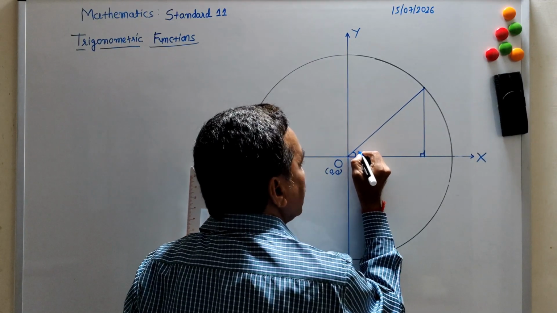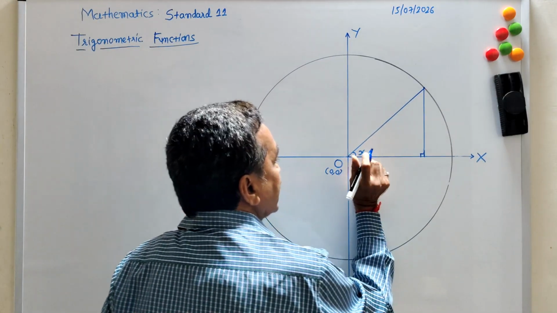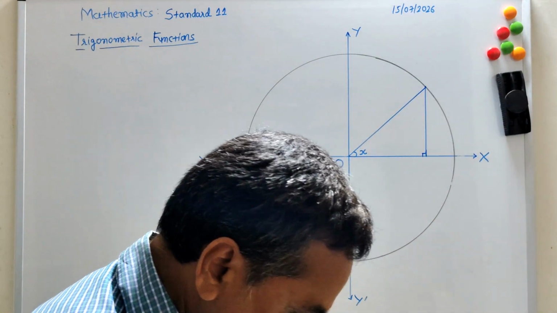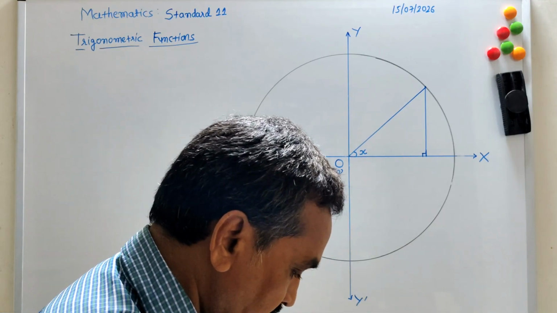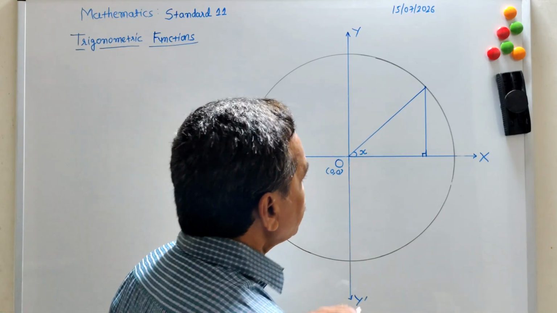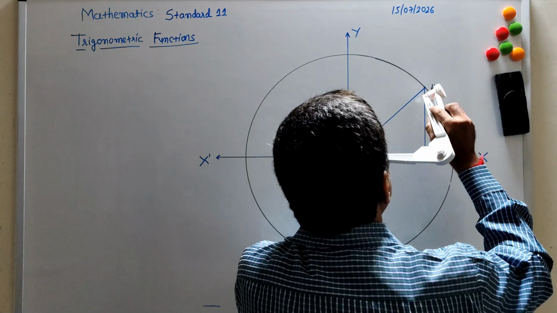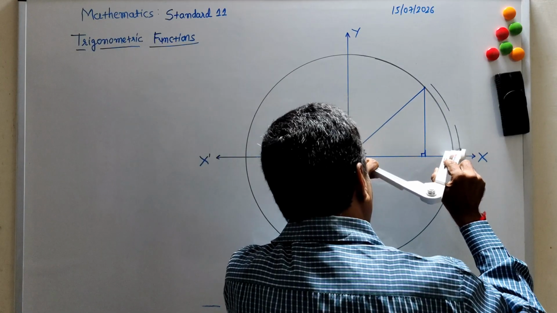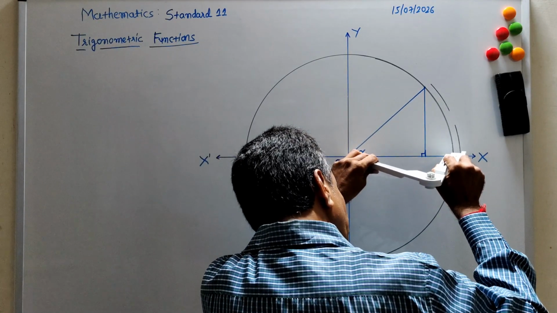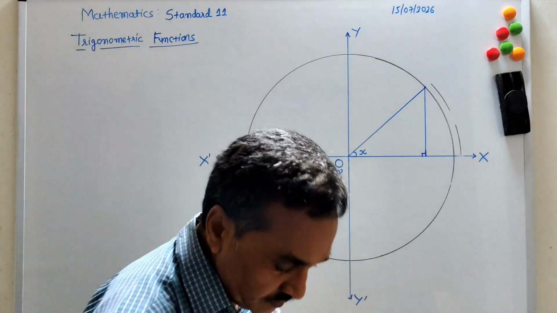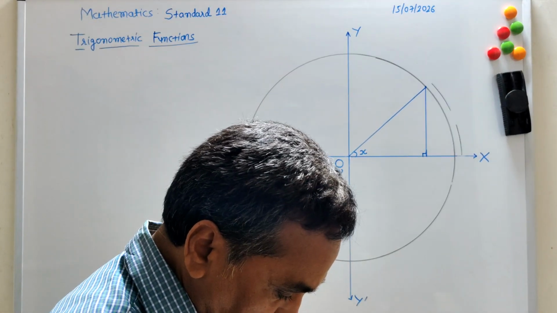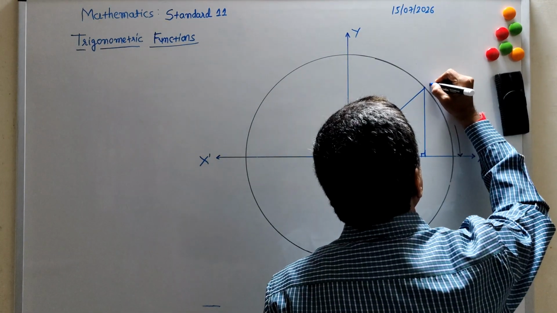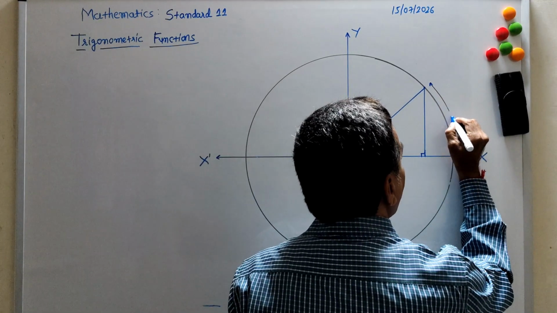So this is angle x radian. So what is x radian? X radian means the length of this arc is x.